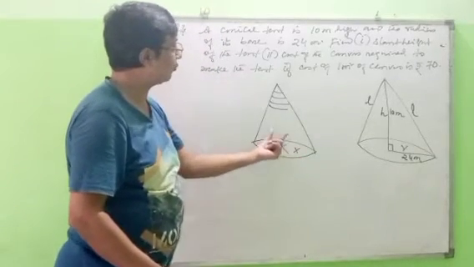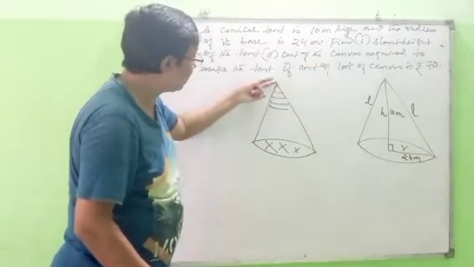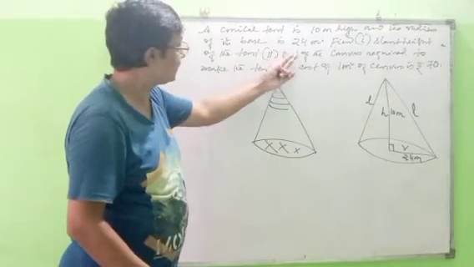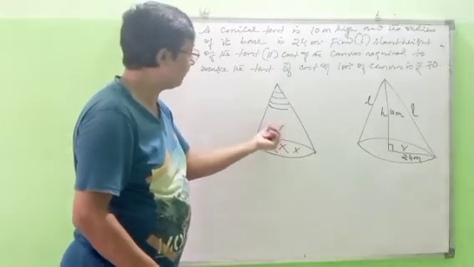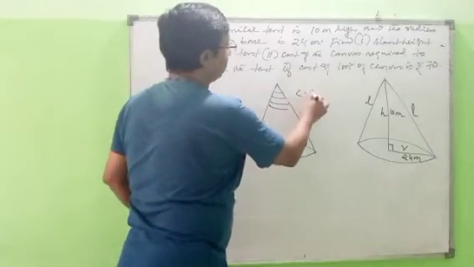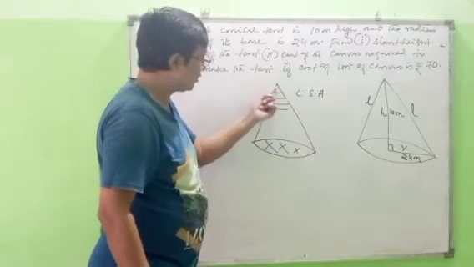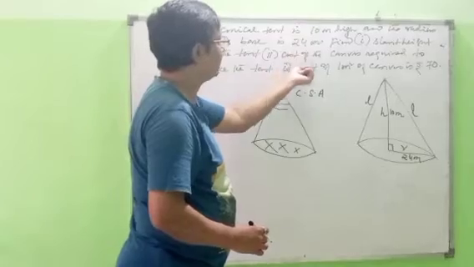That means you are going to find out the area of canvas only on the curved surface area. So by using the formula of the curved surface area, you will get the area of canvas used in making this tent, and then finally you will find out the cost.